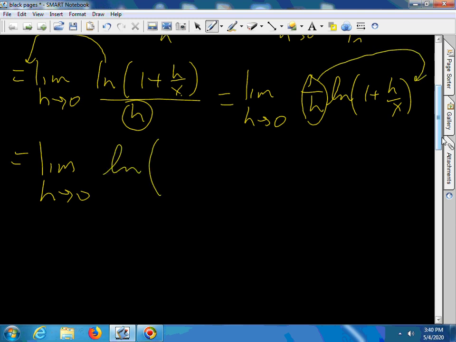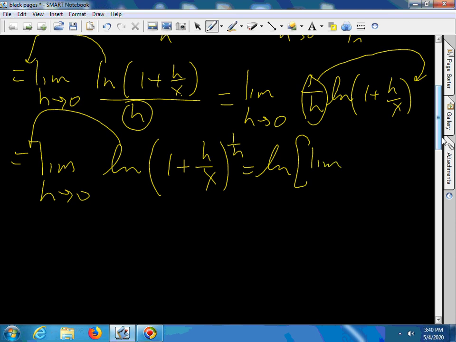So this is ln of 1 plus h over x to the 1 over h. And now I will invoke that advanced rule that says you can bring the ln in front. It's the ln of the limit as h goes to 0 of 1 plus h over x to the 1 over h.